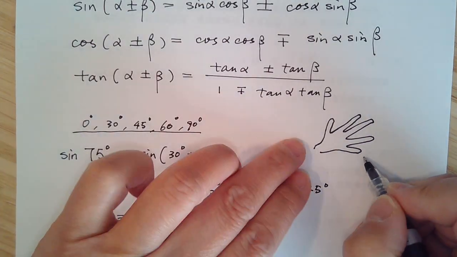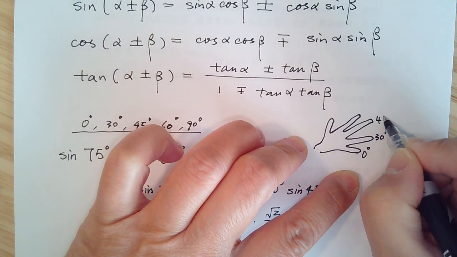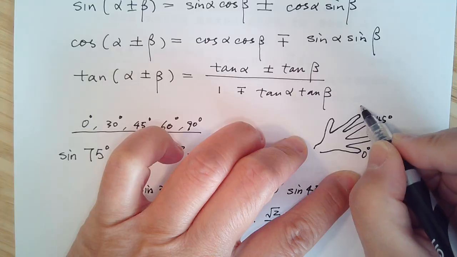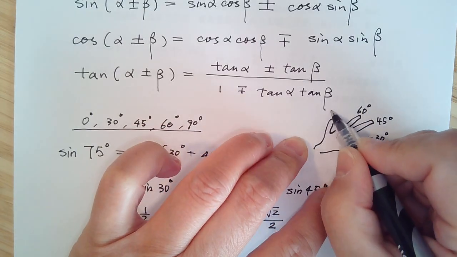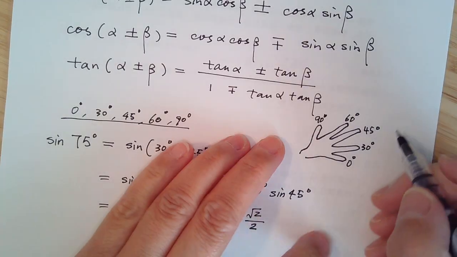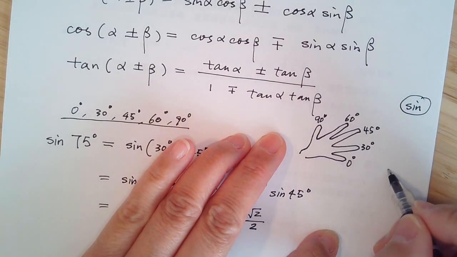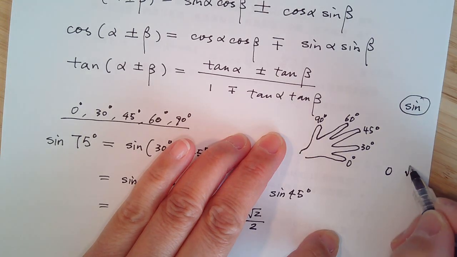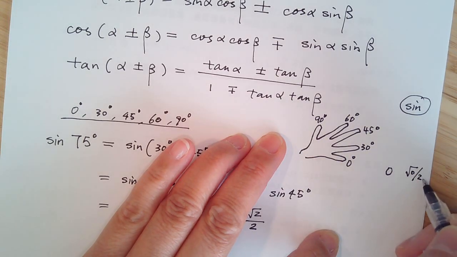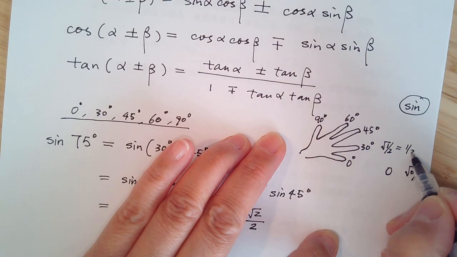So this is like 0 degree, 30 degree, 45 degree, 60 degree, and 90 degree. Okay, the finger method. And for the sine, it is going to be root 0 over 2, and here will be root 1 over 2, which is 1/2.